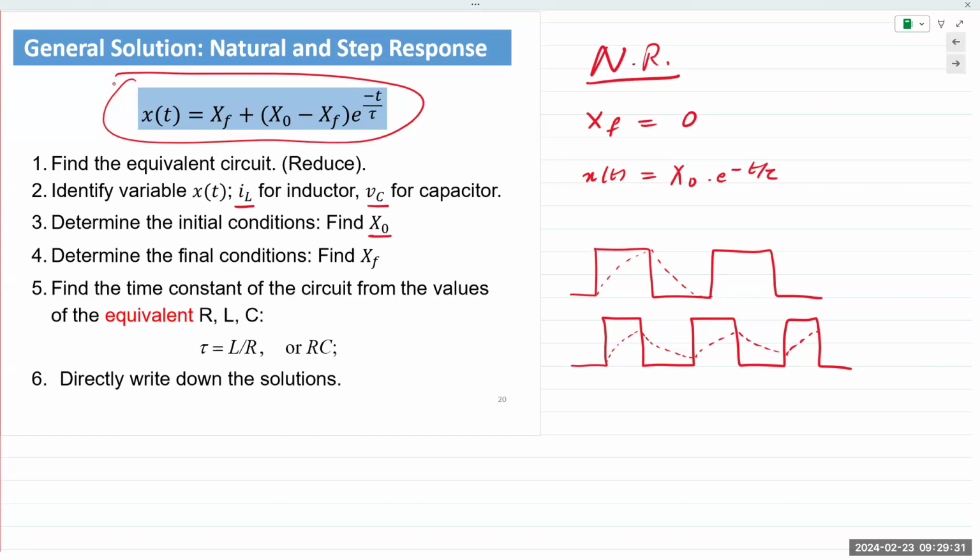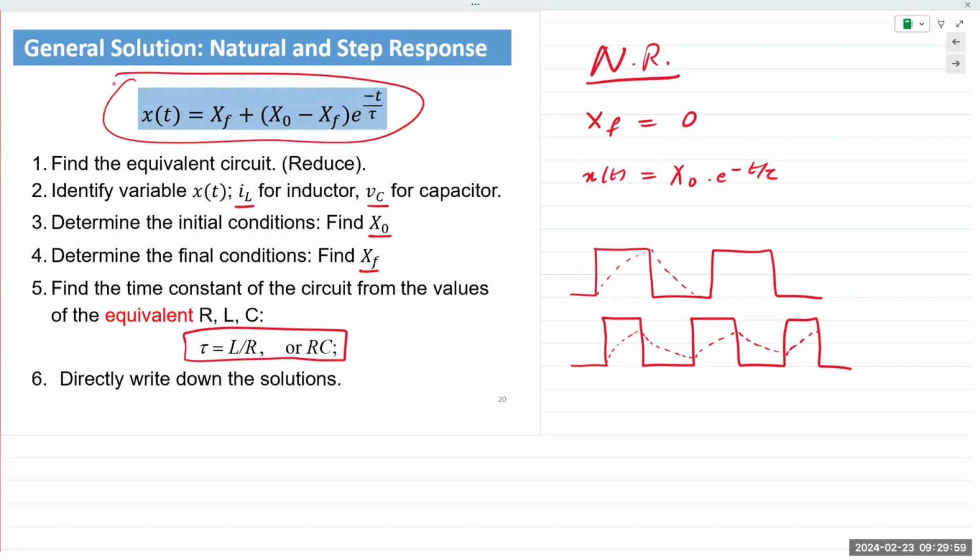If it's a step response, find the value for xf, the final conditions. And then find the time constant, directly plug into the equation, and write down the solution. And that would be it. Again, the steps remain the same for all four circuits.